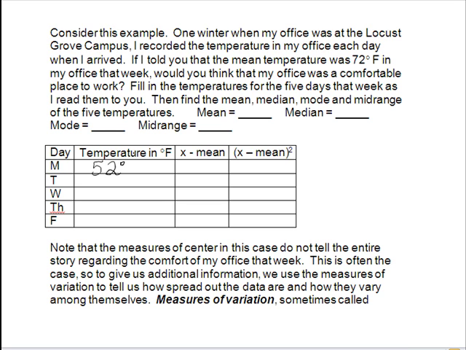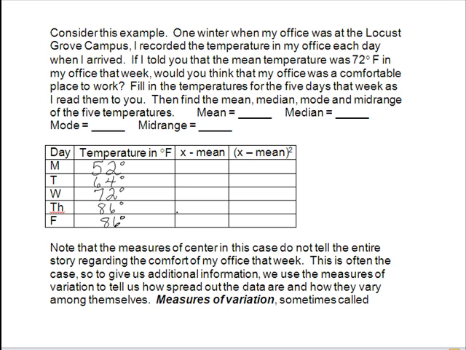Okay, we complained, and so they turned the heat on, so by Tuesday it was up to 64 degrees. And then by Wednesday we were up to 72 degrees. Thursday the heat was really cranking out, so it got up to 86 degrees. And then it continued to crank out, and on Friday it was at 86 degrees.